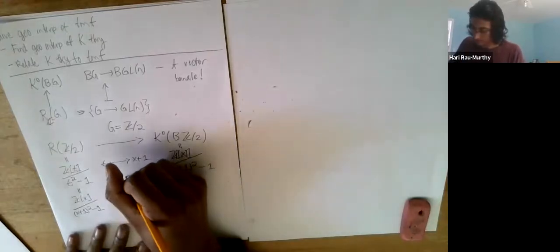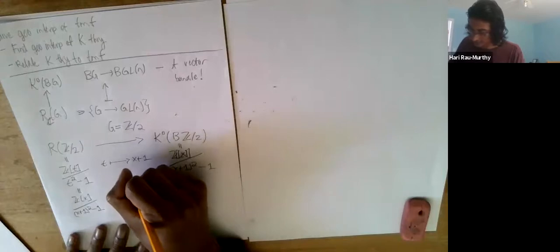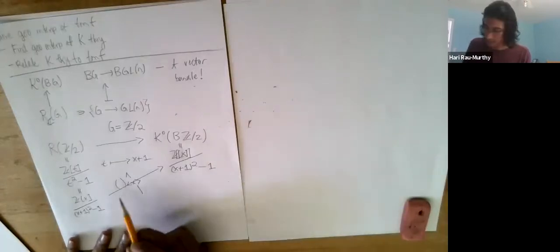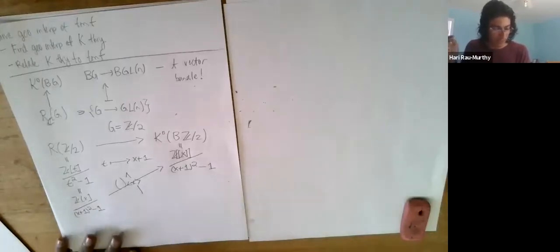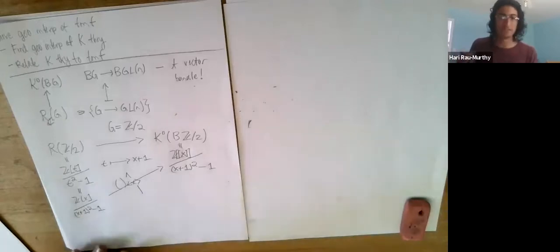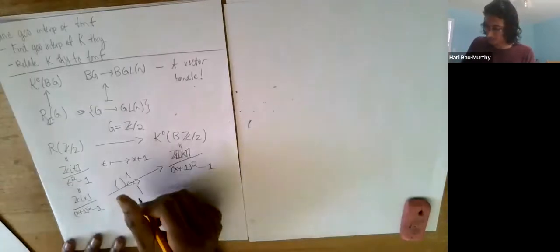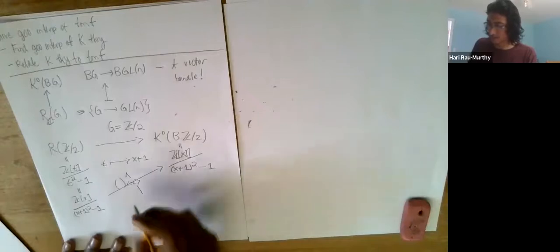So this is completion at x. And it's nice to know that the ideal generated by x is the ideal of dimension 0 vector bundles. So that's what this thing is geometrically.